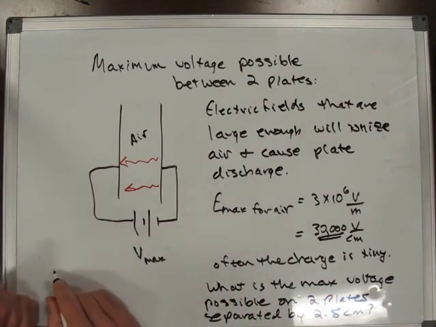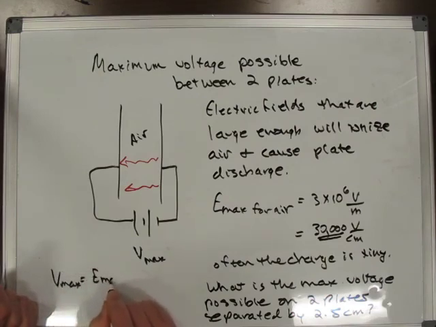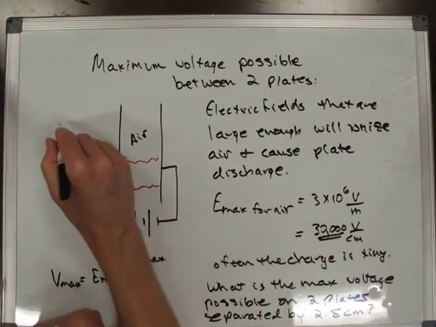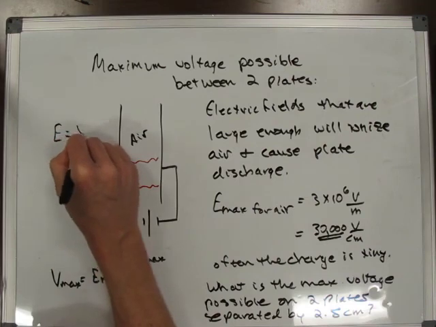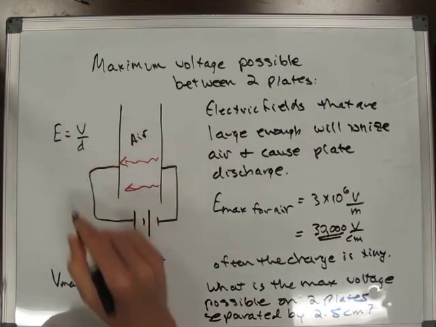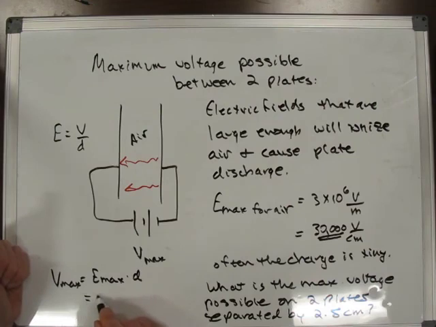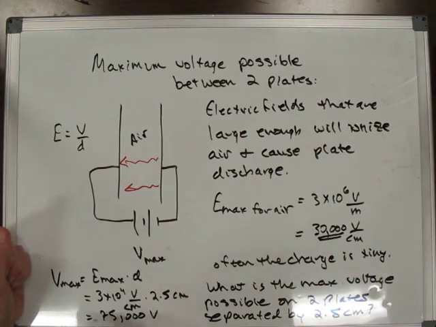And so I can say, well, Vmax is just Emax times the distance. We've already said that E equals V over D, technically minus, but its maximum is just the magnitude of that. And so this is 3 times 10 to the 4th volts per centimeter times 2.5 centimeters, which is 75,000 volts.